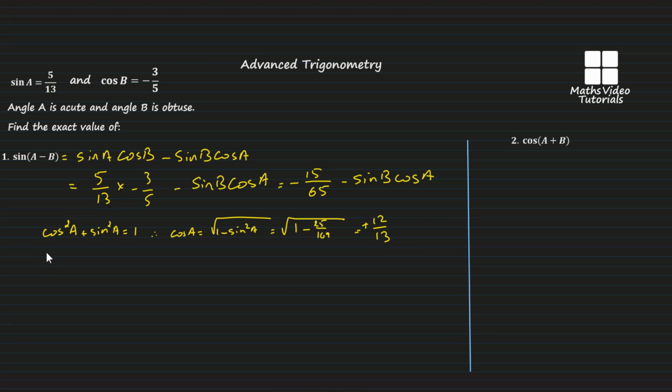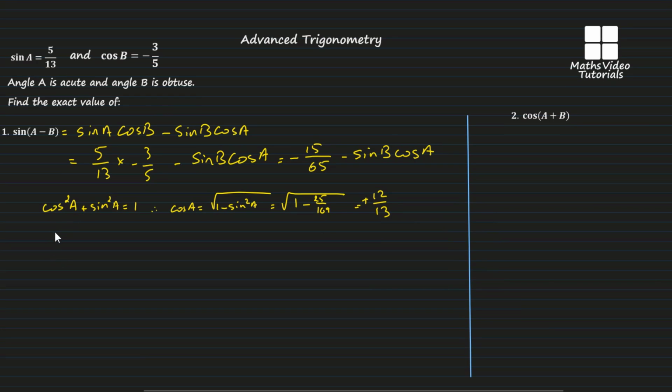So again, same thing. I'm going to rewrite the identity again, but this time for the angle B. So we say cos squared B plus sine squared B is identical to 1.